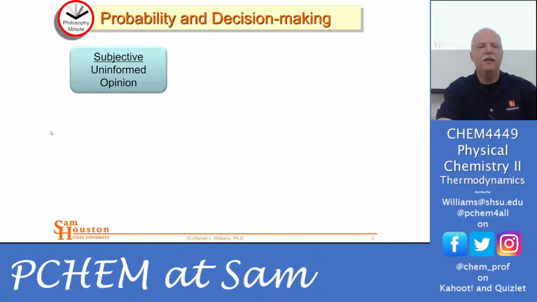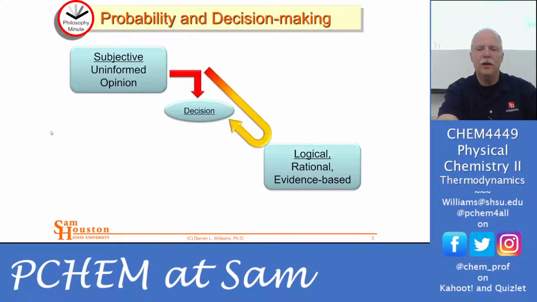So we have a subjective, we're going to make a decision. Again, I call this a little philosophy minute. We can have an uninformed opinion, and we can just go with our gut and make a decision. We're still using probability because we have some evaluation in our mind as to the way we want this to go, and so we make our uninformed opinion. We can become informed. Let's go over here.